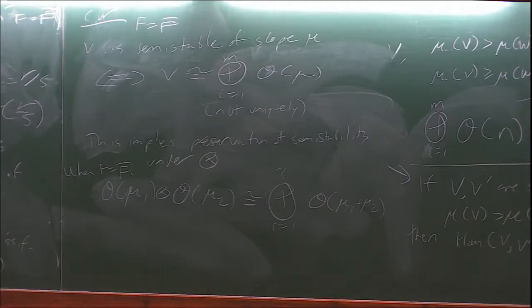But that part is not hard to prove. Then you take the tensor product and you get something which is semi-stable over F bar, but then it came from something in F. The direction that's easy is if something is on F and it becomes semi-stable over F bar, then it was already semi-stable over F because you have fewer subbundles over F. But you also have to check the other direction. Yes?